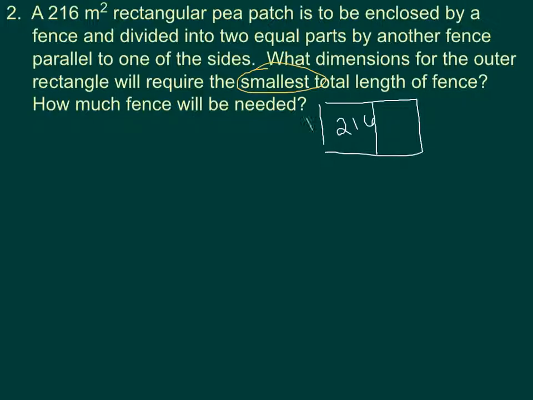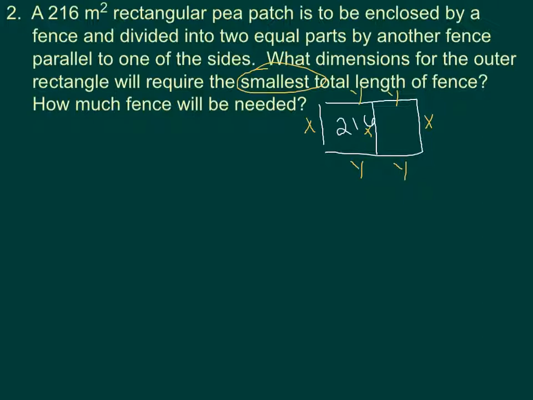I'm going to let X be this vertical length here. And so I have an X length of fence there, and an X length of fence there, and an X length of fence there. And then I'm going to have Y be the horizontal piece, and I'm actually going to do the horizontal piece for each little rectangle since we have that little dividing line in there.